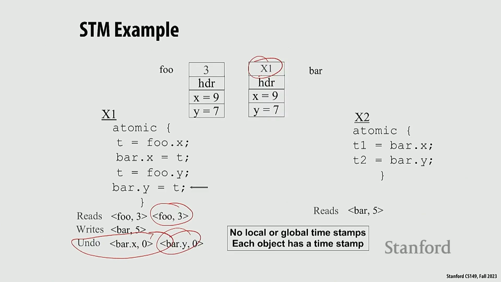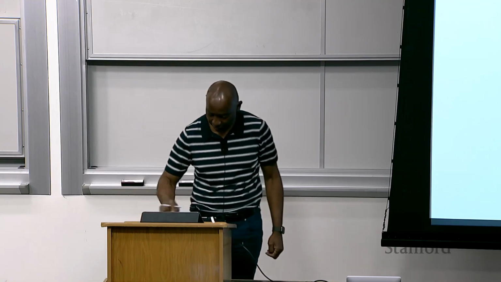Yeah. Is that the first thing we do? No. First, you want to actually do the commit and update the values. So what do we do before that? Validate the read set. Validate the read set, exactly. So first we want to make sure that the reads that we got are in fact valid. And so we check, and the timestamp for foo is still the same for both of the reads of foo. And so we say, read set validated, we're cool, and we can go ahead and commit.